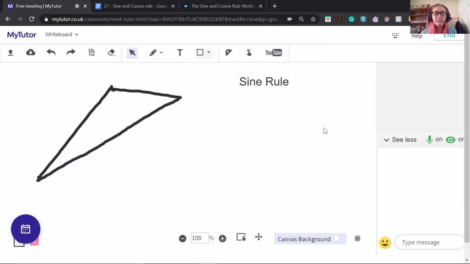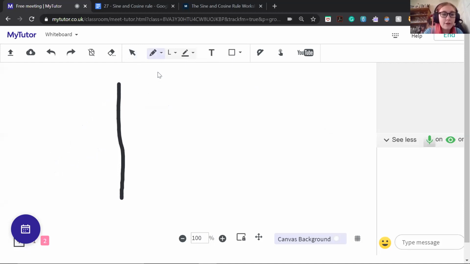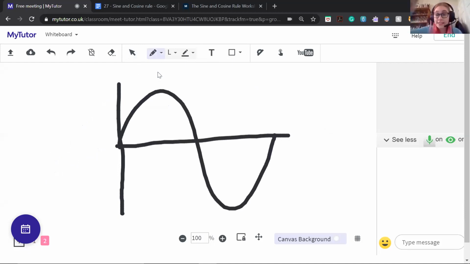I feel like they're often thrown around, and people just say, oh, just do sine of 54 or whatever, and it often doesn't make any sense. So if we take, for example, sine, it's basically just a graph that looks like this. And this carries on. This is from 0 to 360 and it carries on and does a loop.